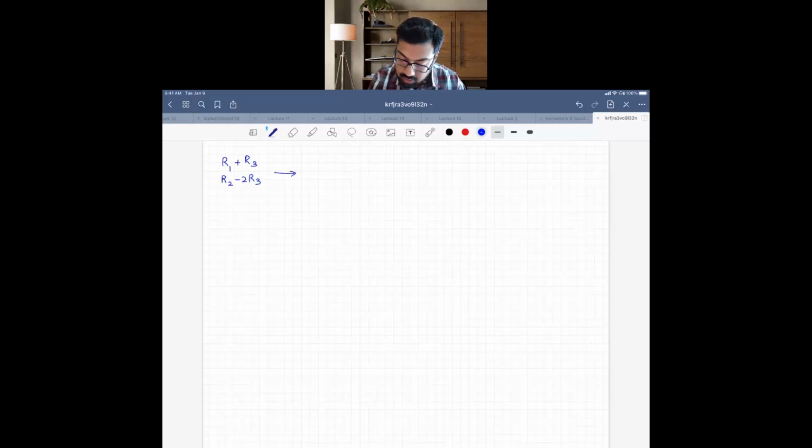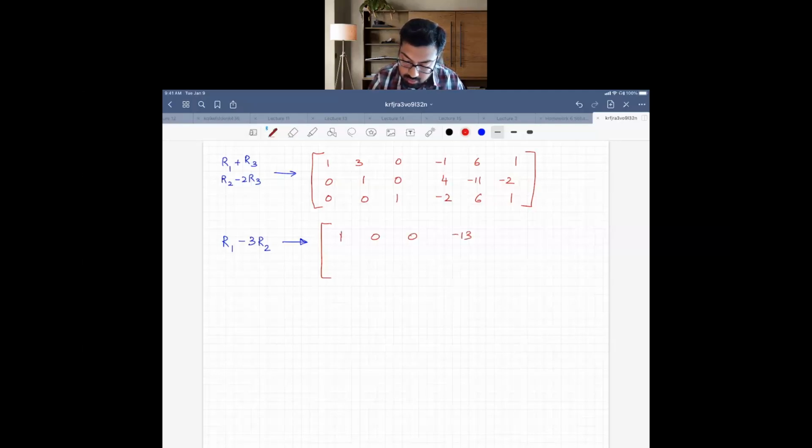And that will give me 1, 3, 0, negative 1, 6, 1, 0, 1, 0, 4, negative 11, negative 2, next negative 2, 6, 1, and then I will do my last row operation, which is row 1 minus 3 times row 2, which is going to give me 1, 0, 0, negative 13, 39, 7, then I've got 0, 1, 0, then I have 4, negative 11, negative 2, then I've got the last row here in minus 2, 6, and then 1.